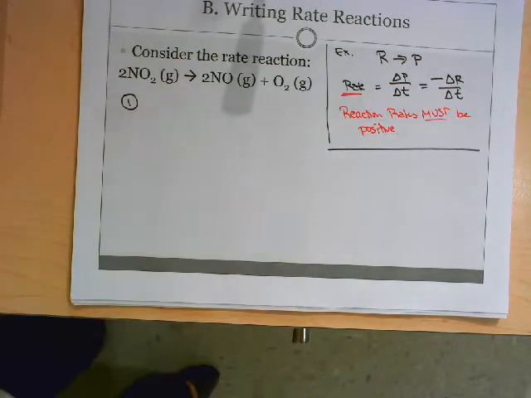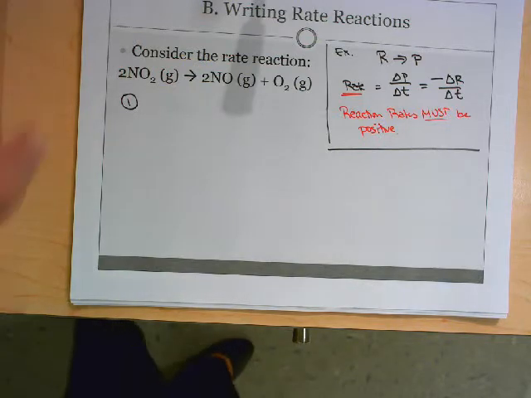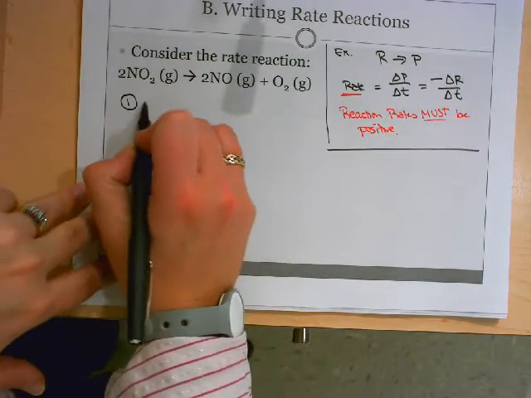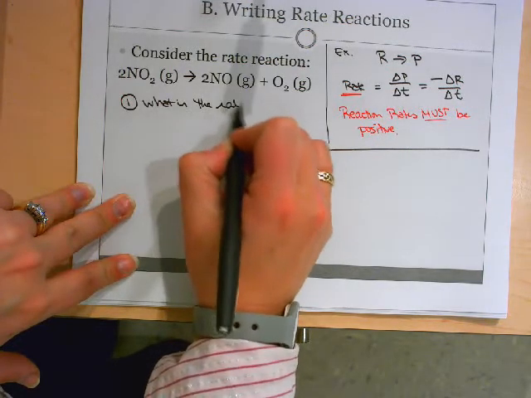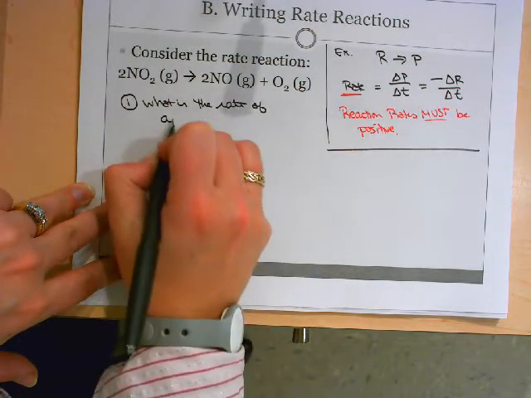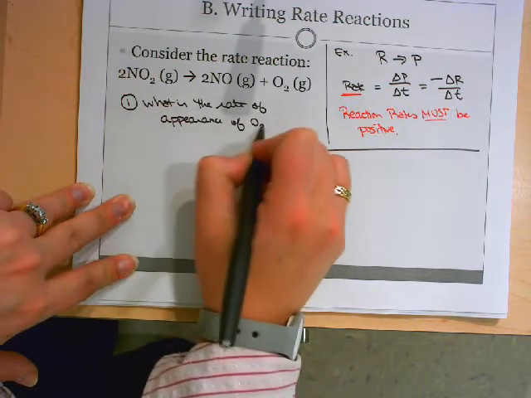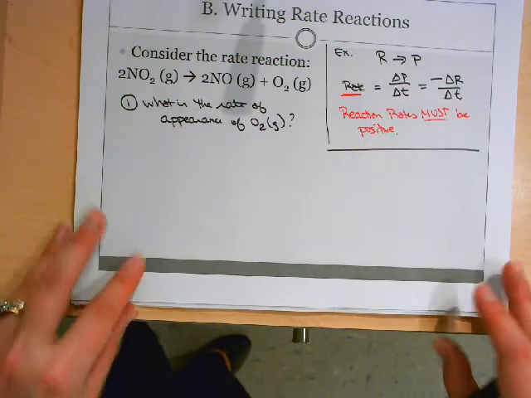Alright, so here I have nitrogen dioxide producing nitric oxide and oxygen gas. So first question is, what is the rate of appearance of oxygen gas using this terminology?